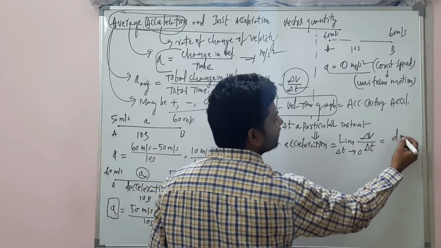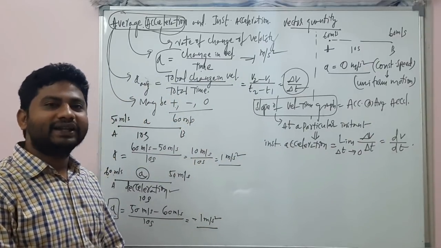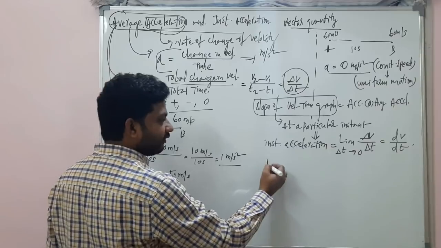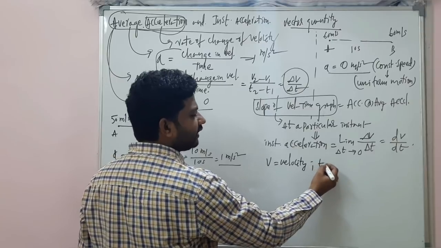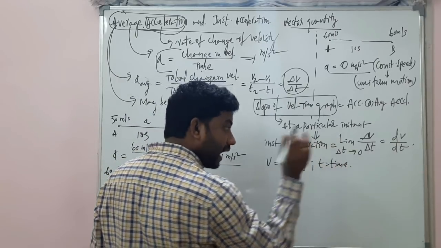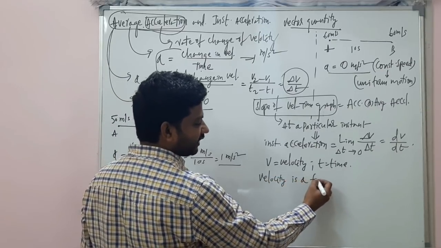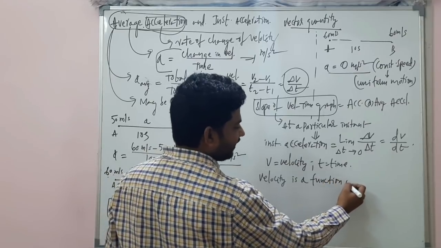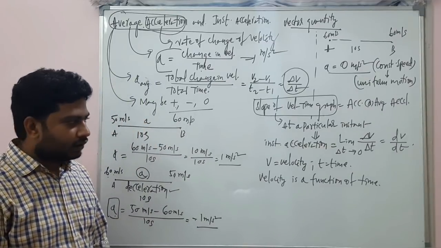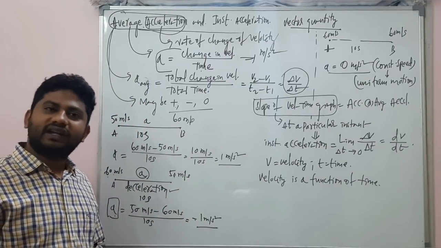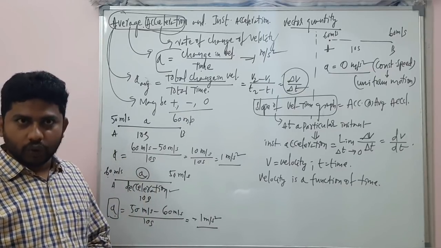So this can be written as dv by dt, where v is velocity, t is time, and here the velocity is a function of time. Alright, my dear children, velocity is a function of time. So you can find the instantaneous acceleration at a particular instant, at 2 seconds, at 3 seconds, at 4 seconds, you can find it. Okay.